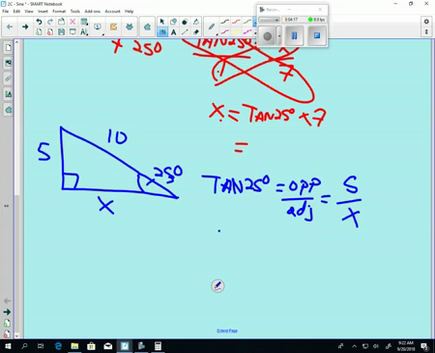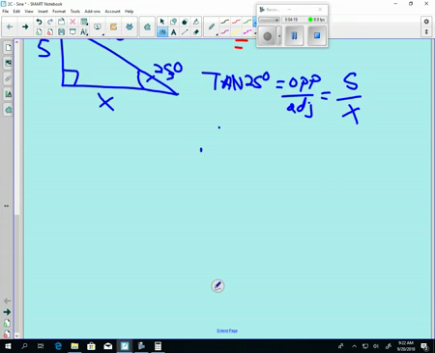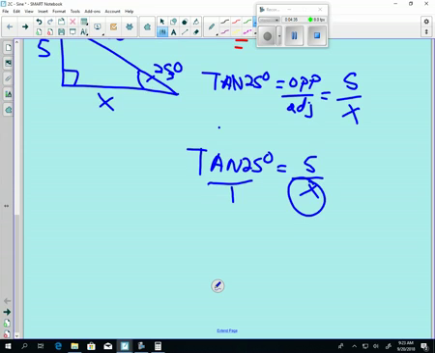Well, here's a little trick. That's our equation. Remember, anything like that can be put over 1. Whenever you have the unknown on the bottom of the fraction, just switch it.